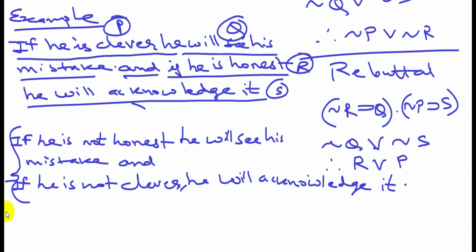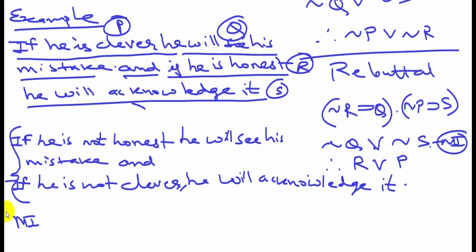Okay. Now we come to our minor premise. This is our minor premise. So minor premise states not Q or not S. So what is Q? He will see his mistake.